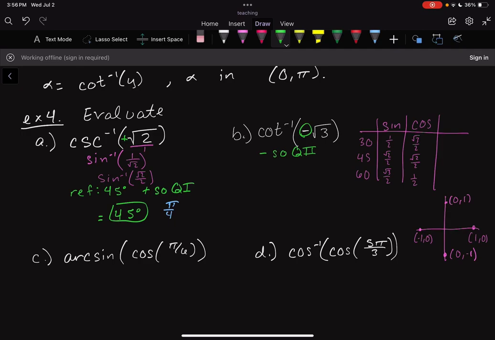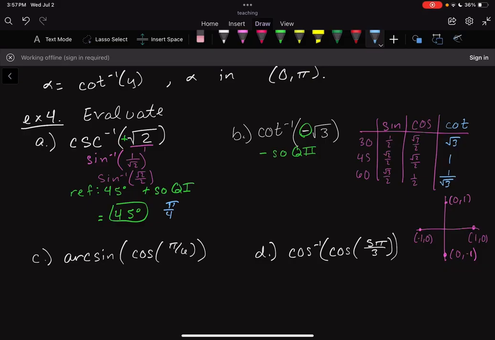Also remember that cotangent is cosine over sine. So if I were to maybe add it into my table here, cosine over sine, so this would be root 3, 1 over root 3. So it's like the opposite of tangent.